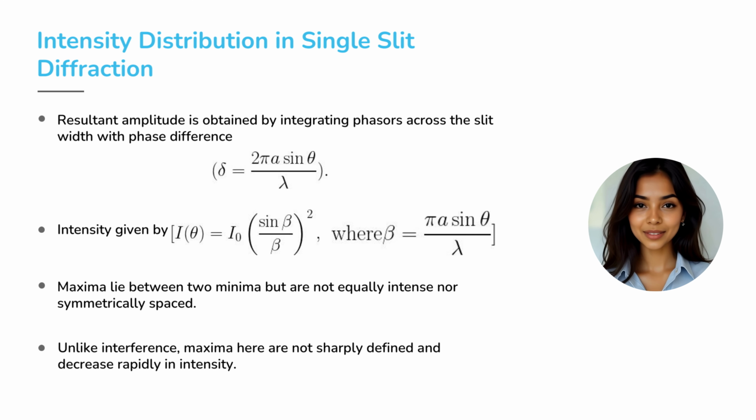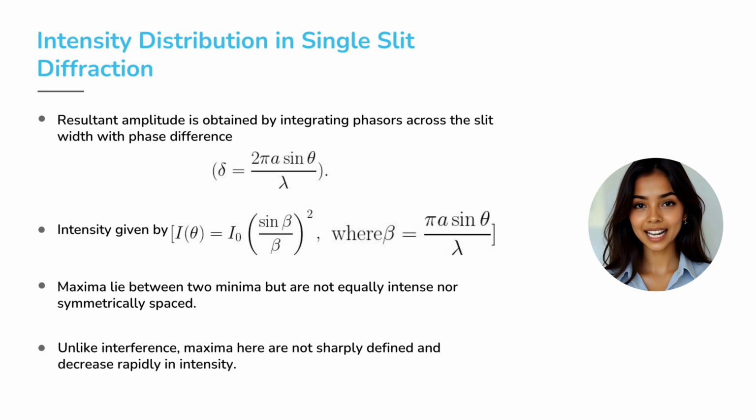Now, let's get mathematical. The total amplitude of the wave coming through a slit is found by adding up all these tiny wave contributions, or phasors, from each point along the slit. Because each point differs slightly in phase, there's a phase difference delta, equal to 2 pi times a times sine theta divided by lambda.